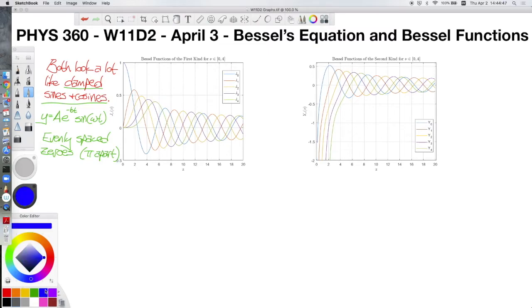So we can look at a couple of these. We can look at j sub 0, which has its first zero right here, then its second zero, then its third zero, and so on. We can look at j sub 1 in orange, which has zeros here.